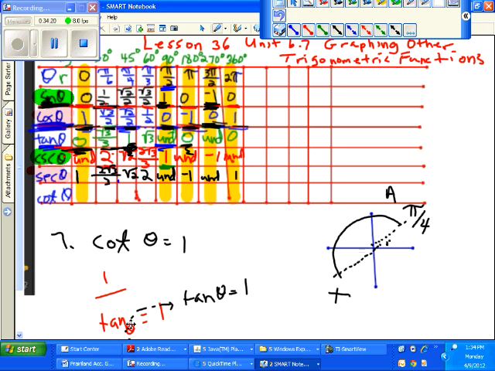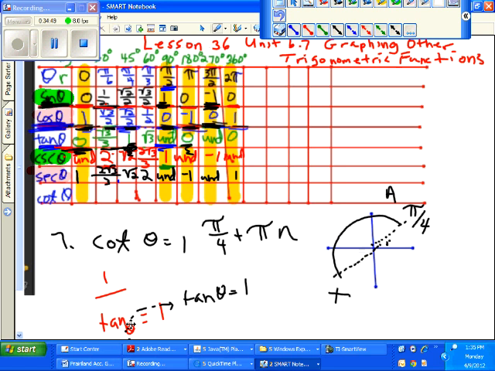It wasn't a quadrantal situation. It was off in the middle over at pi over 4. And tangent's positive in quadrants 1 and 3. So it happens the first time at pi over 4. It happens again when you go halfway around, and you can go halfway around as many times as you want to. Pi over 4 plus pi n. Understand that?